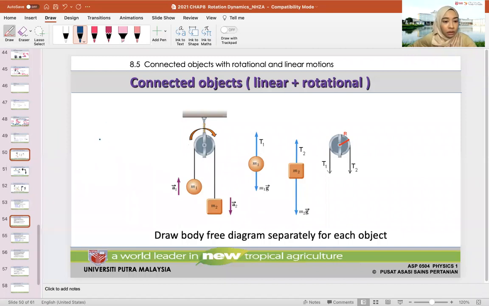Last time when our ball fell down, we just calculated 1/2 mv squared without the rotational kinetic energy, right? Now that we have learned the rotational motion, we have to apply it for the pulley as well. Sad news. Tapi tak apa, kita dah tahu macam mana nak buat.